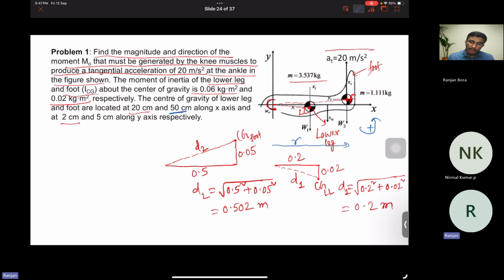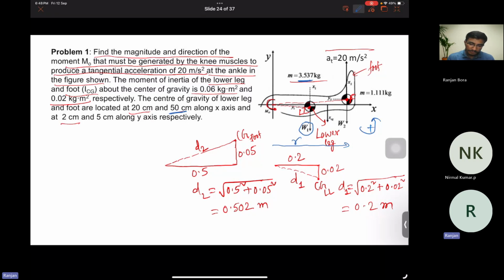Then one moment will be because of W1, and it will produce moment in the clockwise direction. W1 we need to find from this weight, 3.537 kg, multiplied with the acceleration due to gravity.